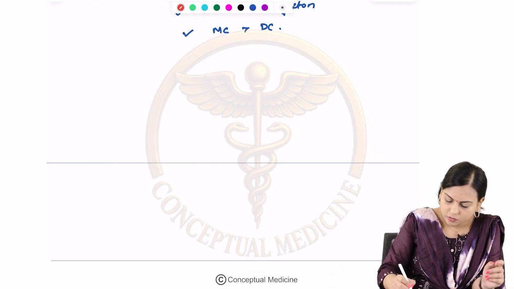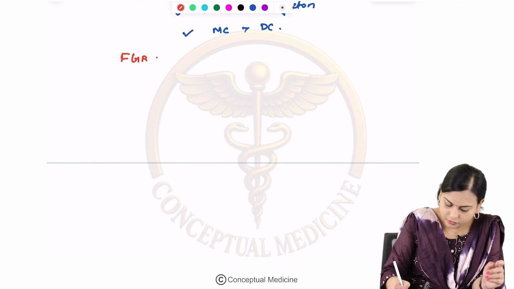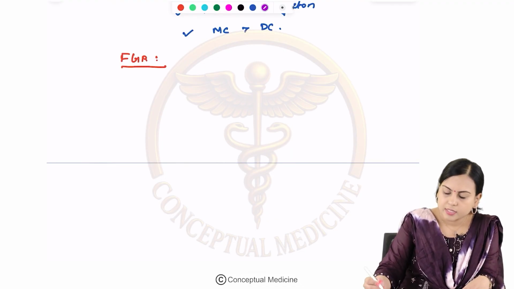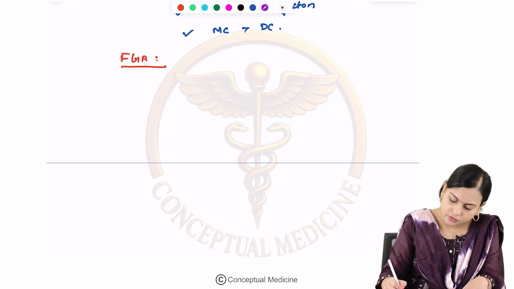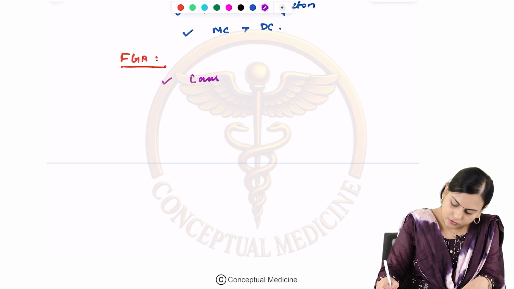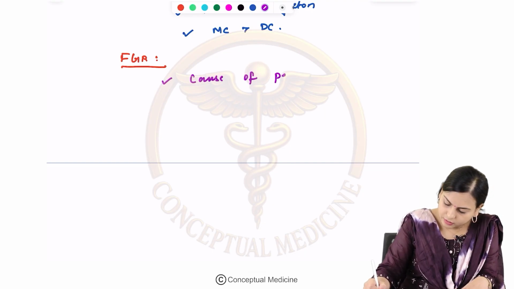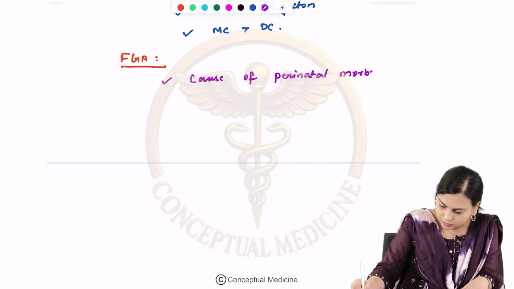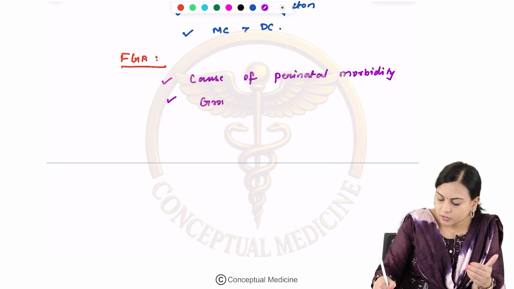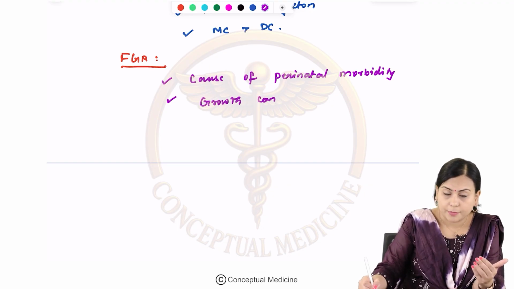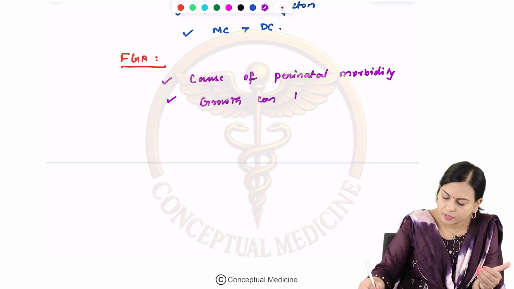Now, what about FGR, fetal growth restriction? This is one of the important causes of perinatal morbidity. The growth can be normal up to 30 to 32 weeks.